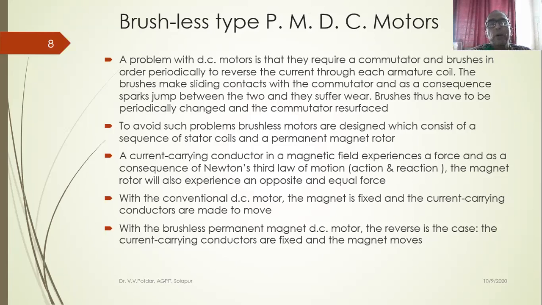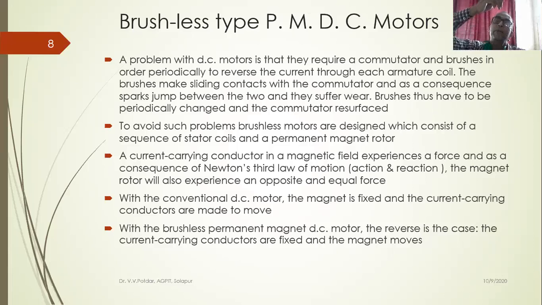To avoid such problems, brushless motors are designed which consist of a sequence of stator coils and a permanent magnet rotor. A current carrying conductor in a magnetic field experiences a force, and as a consequence of Newton's third law of motion, that is action and reaction, the magnet rotor will also experience an equivalent opposite force.